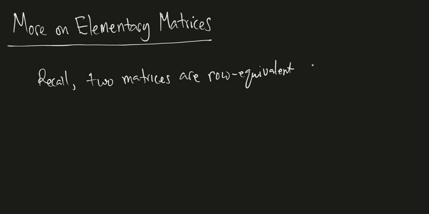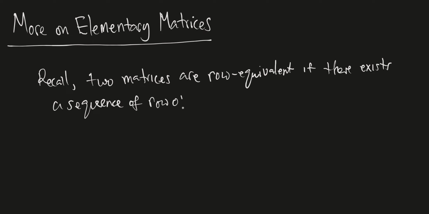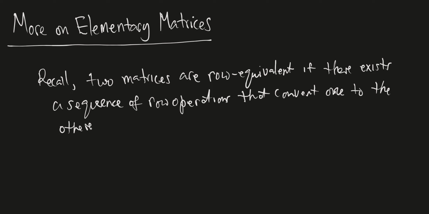Two matrices are row equivalent if there exists a sequence of row operations that convert one to the other, right? So if there is a sequence of these elementary row operations that we can perform that will convert one matrix into the other, then we say that they are row equivalent, right?